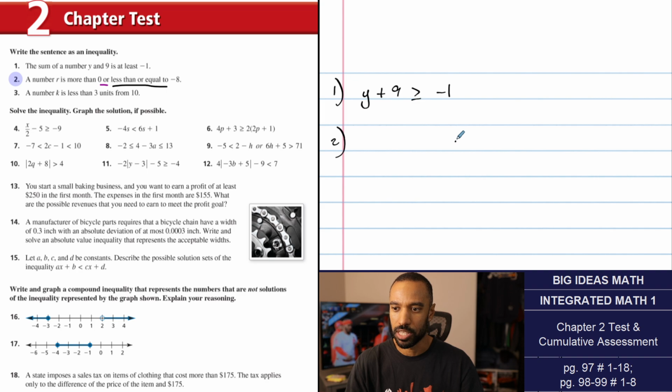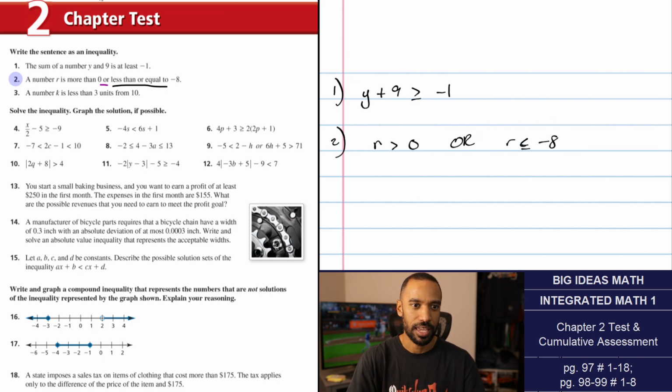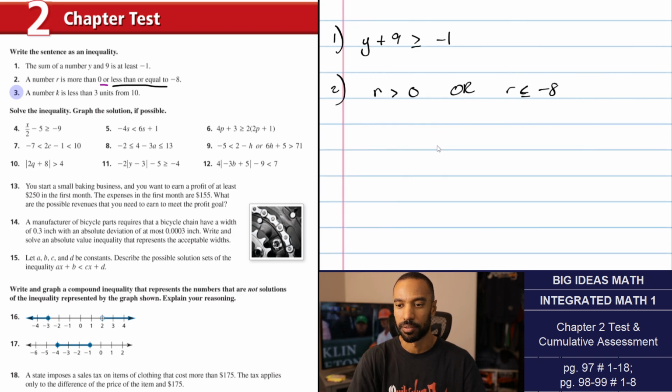So there's an or in the middle of this thing, where r is doing two things. R can be more than 0, or r can be less than or equal to negative 8 is the way that they're saying that one. So those are the two in comparison. Even though we were doing more of those in section 2.1, that's more of a section 2.5 question because it was a compound inequality. But there's the setup there.